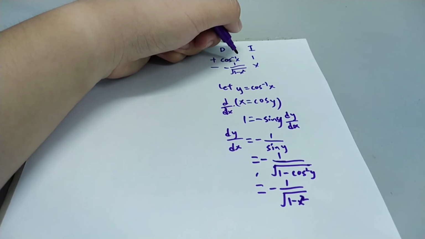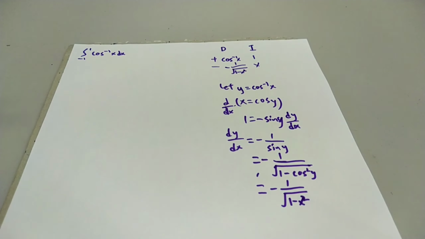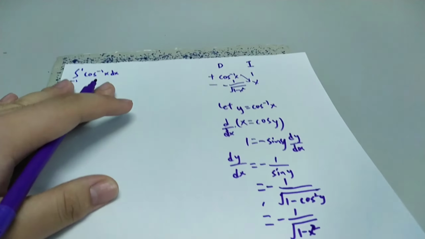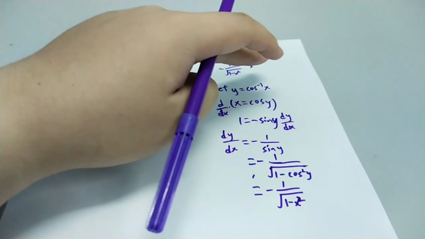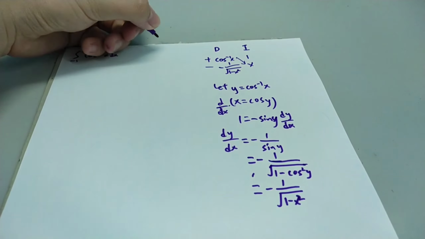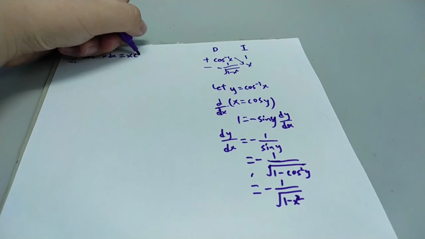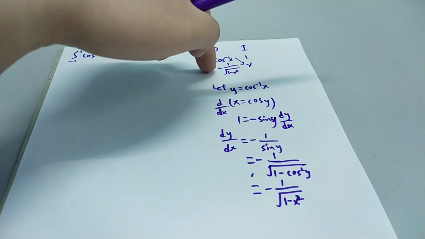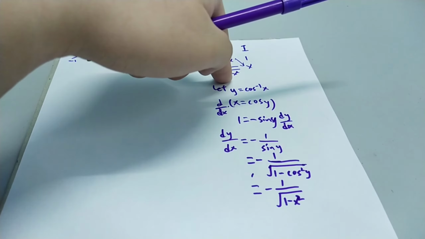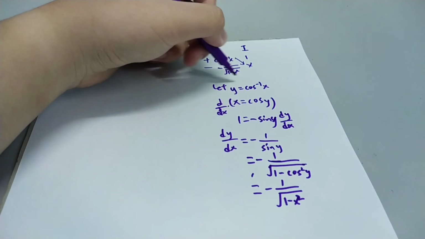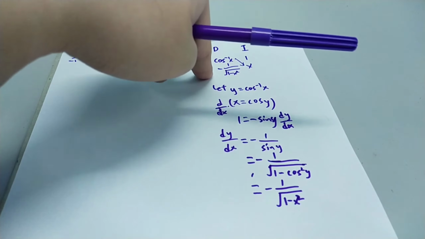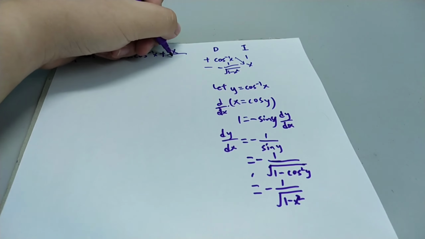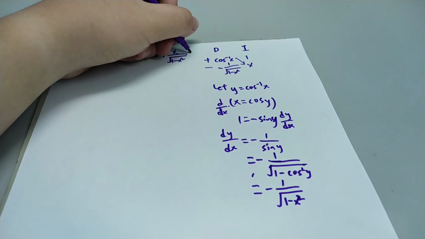So to do this, I have negative 1 over the square root of 1 minus x square, and then we multiply by x. So this integral is equal to x times inverse cosine of x, minus, and because we got a minus sign times the negative, we will have positive, the integral of x over the square root of 1 minus x squared dx.